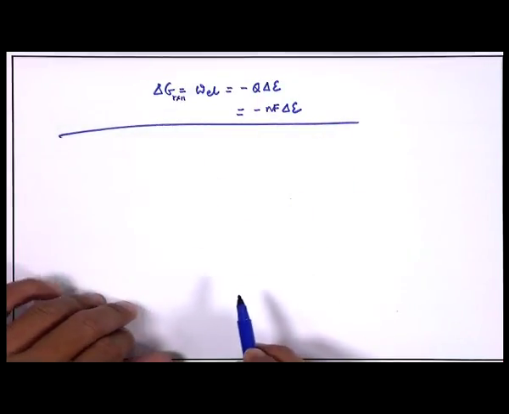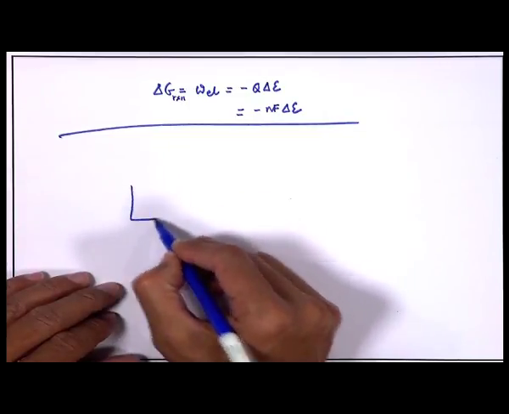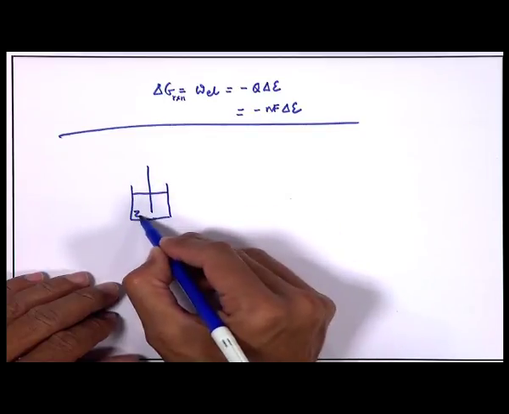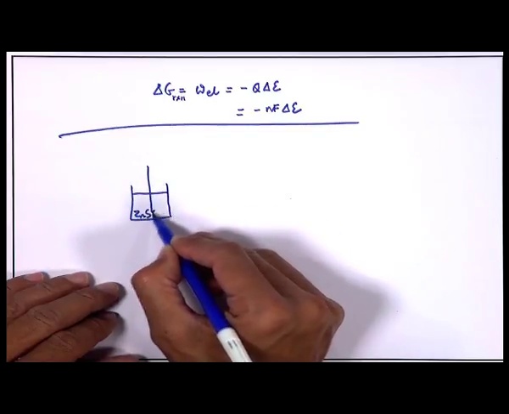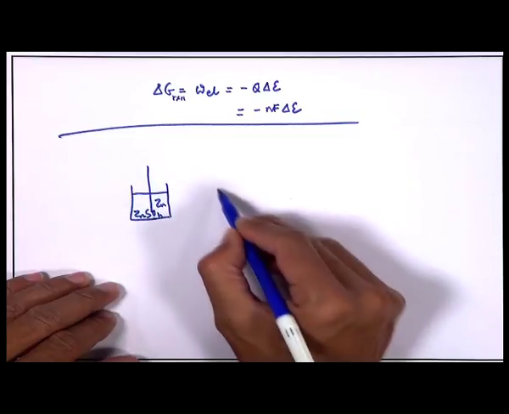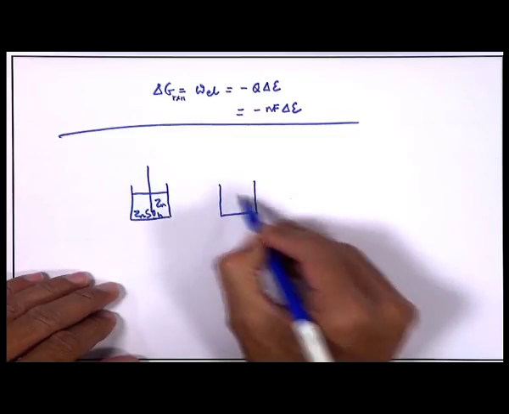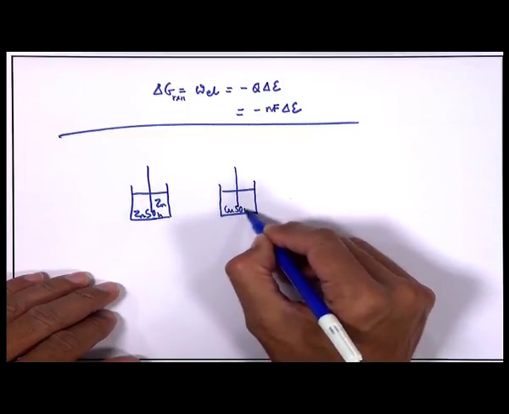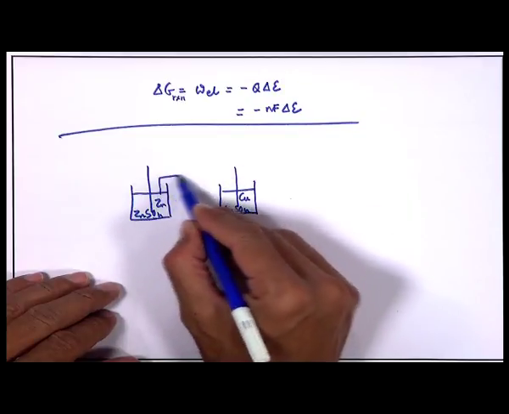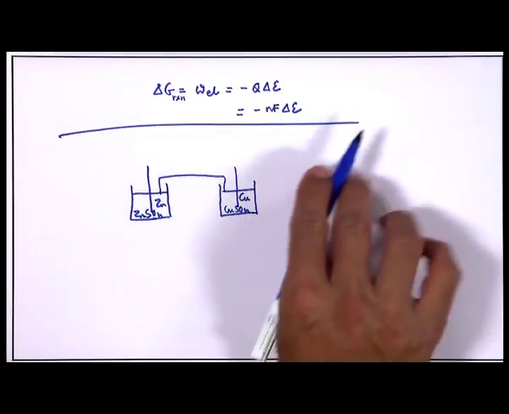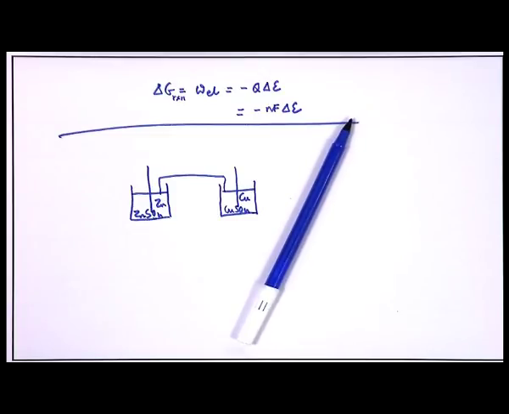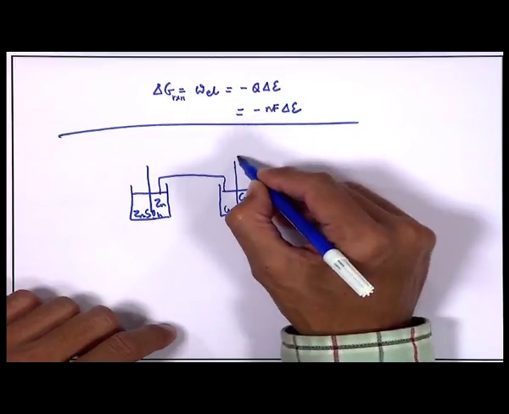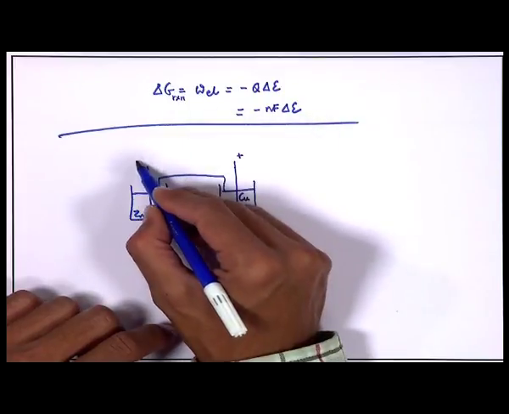Daniell cell means you have a zinc sulphate, zinc half cell, copper sulphate, copper, you have a salt bridge, and this one is plus, this is minus.